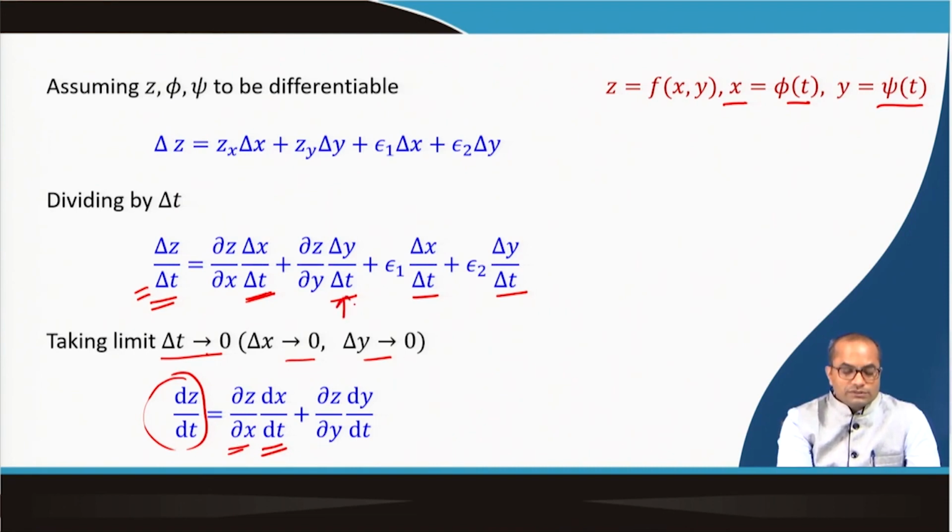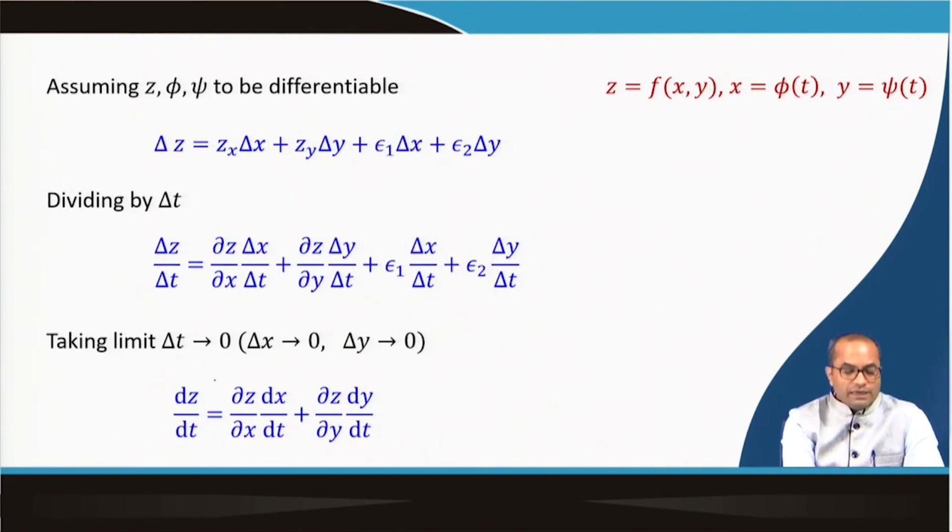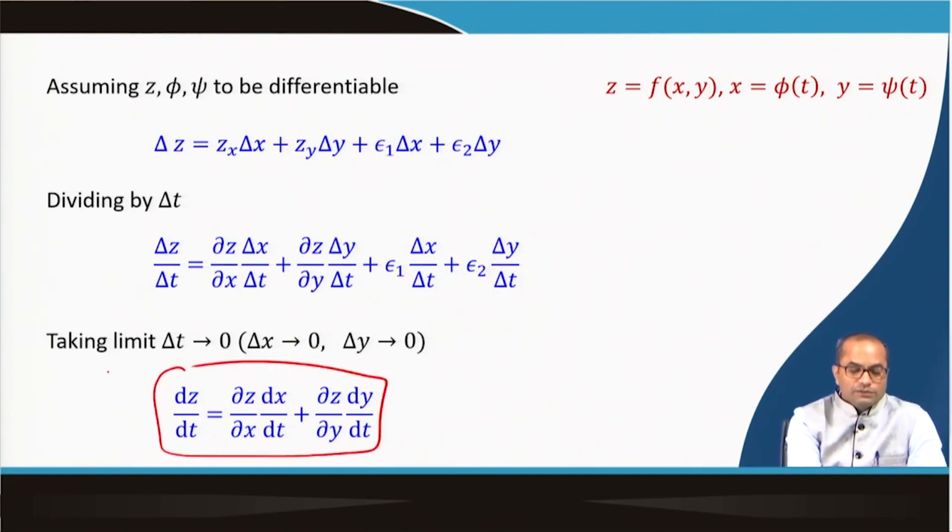Here also in the second term, delta y over delta t will become dy over dt, and since the derivative exists, these terms are finite, then epsilon 1 and epsilon 2 will make these two terms go to 0, as delta x goes to 0 and delta y goes to 0. So, simply we have that formula which we were looking at.